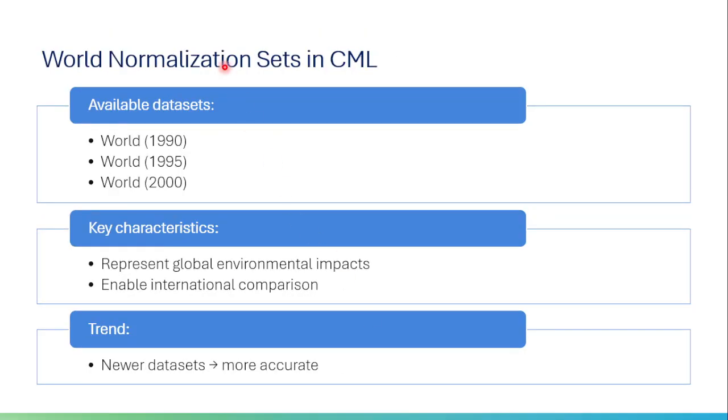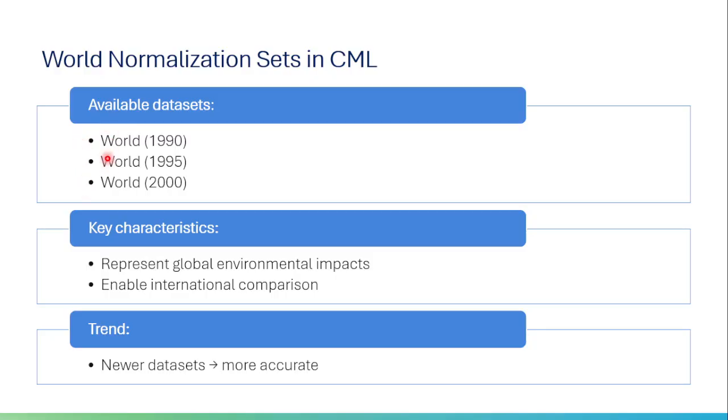Let's have a look at the world normalization sets in the CML and the available data sets. Global normalization sets represent environmental impact at the worldwide level. These data sets are useful when the goal is to compare results across different regions or when the study has a global scope.